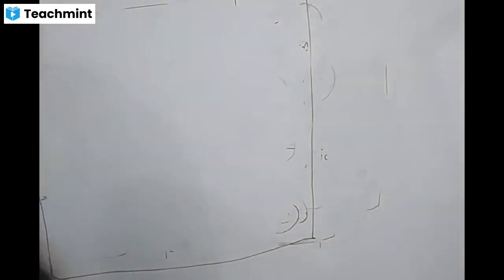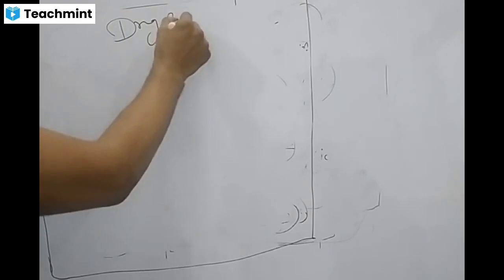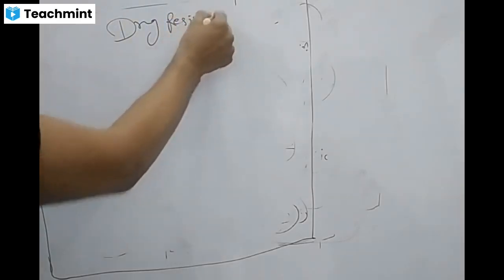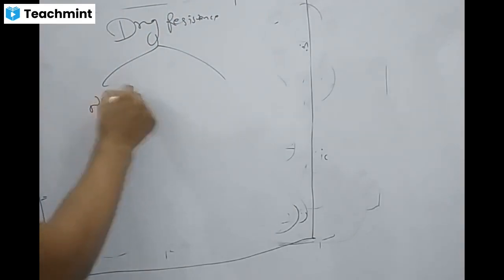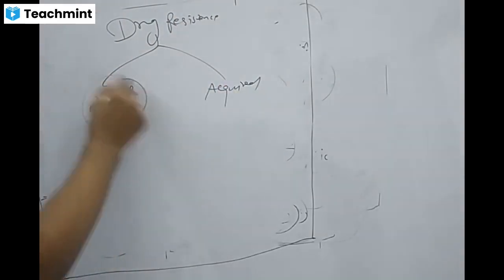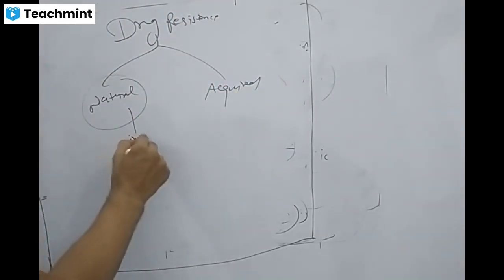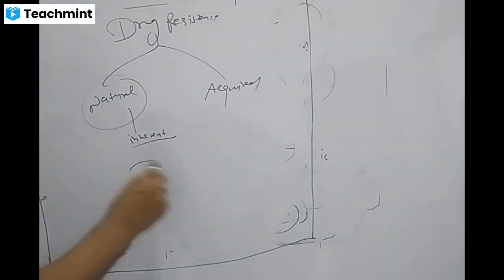Then drug resistance is mainly of two types. One is natural and one is acquired. This natural one is the inherent property of a bacteria. Suppose there is one Pseudomonas bacteria.